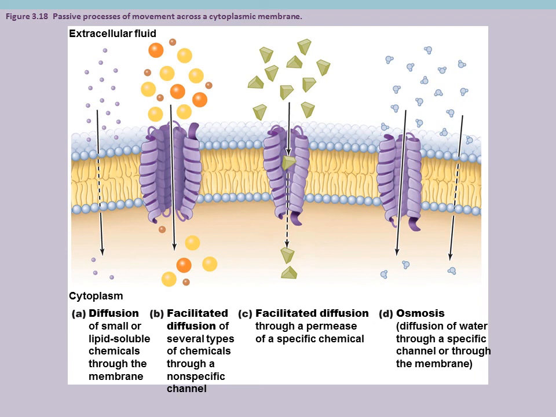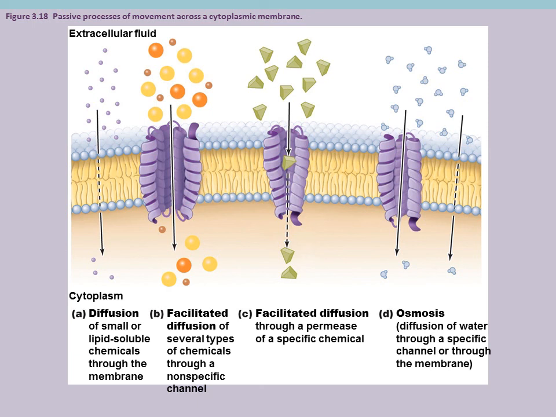So, what are the different types? So we said diffusion, facilitated diffusion, and osmosis. Diffusion is just simply when a substance moves across that membrane and it goes from high concentration to low concentration. Usually this is going to involve very small chemicals, those that are lipid soluble, because to pass through that fatty acid portion in the middle, where it's yellow in this diagram, that's hydrophobic.